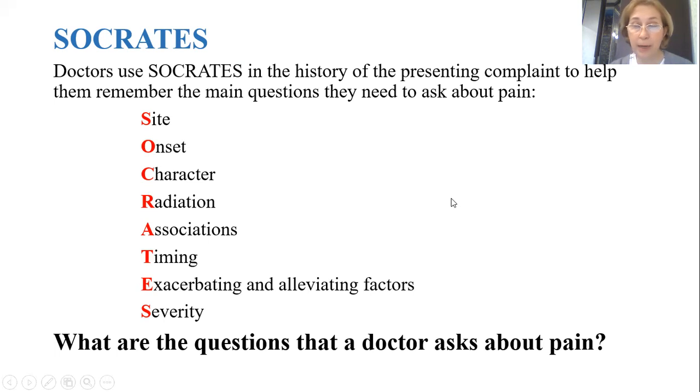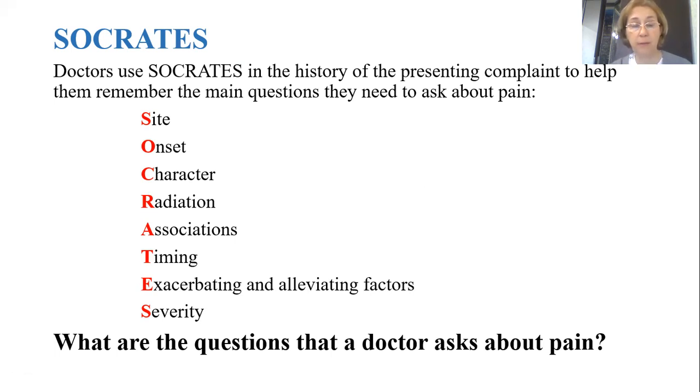Yes, guys, any ideas about the site, for example? It's like where's the place of the pain? Exactly. Yes, the other questions about the other steps. Maybe on timing. Oh, sorry. Okay.